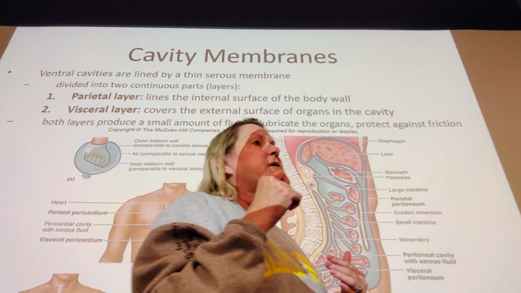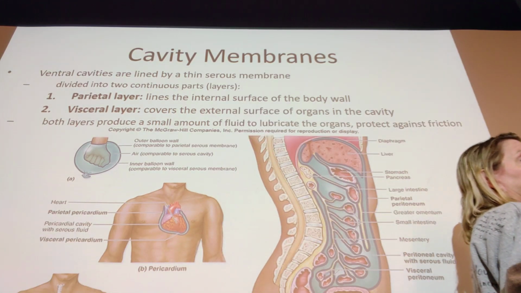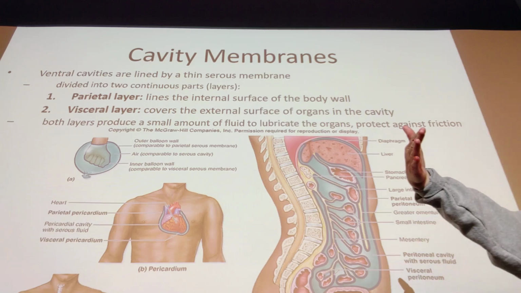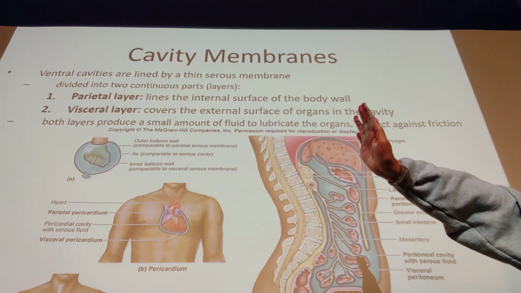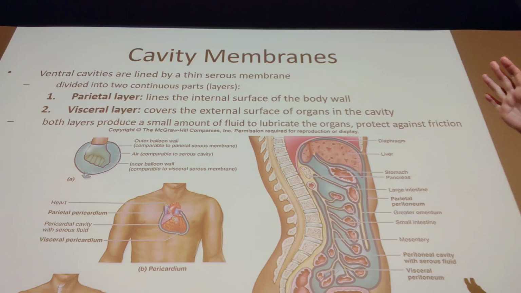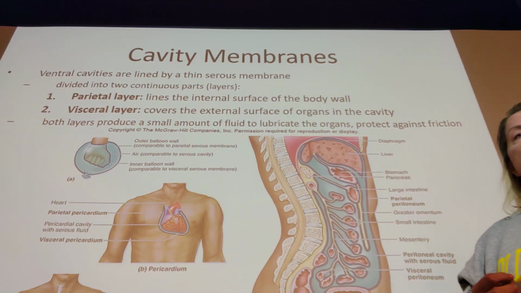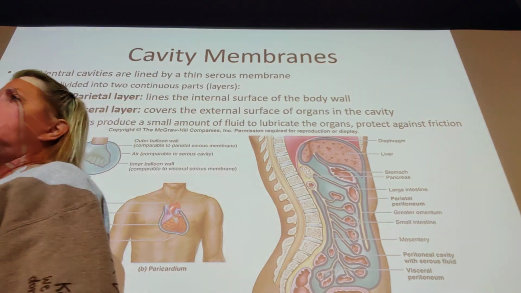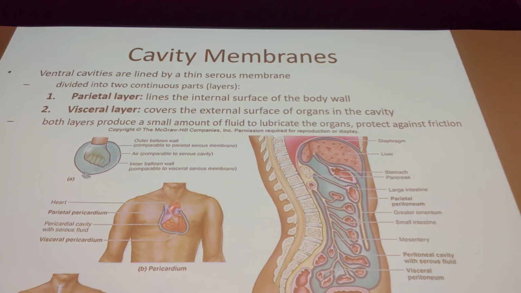Now replace the word space with cavity. So we have visceral membrane, cavity, and then another drywall. That would be another membrane. Parietal, meaning it's closer to the surface of the body. Parietal. So we have a visceral membrane, a cavity, and a parietal membrane, going from deep to superficial.